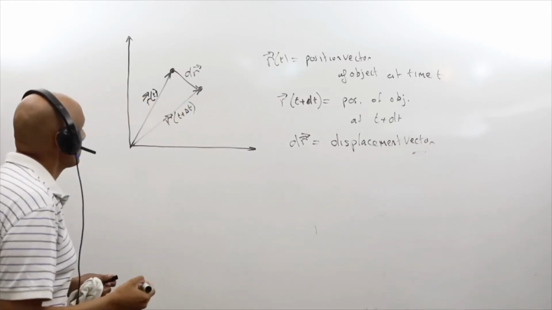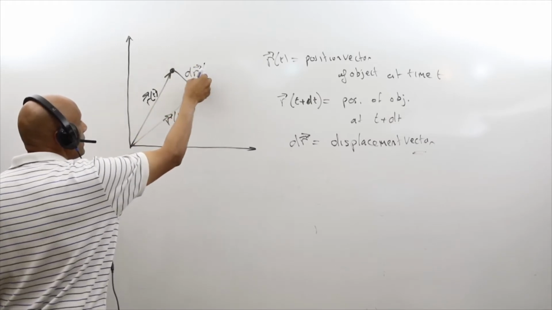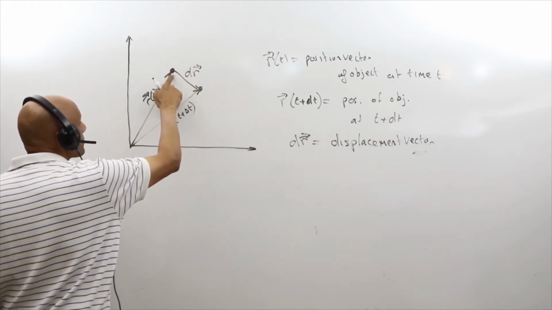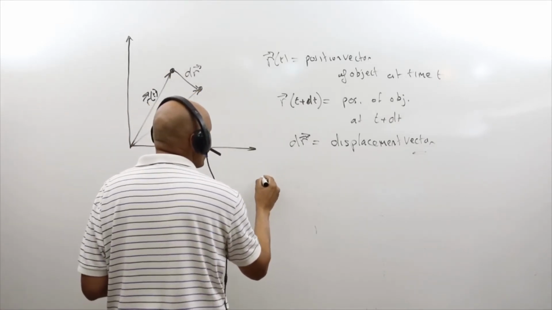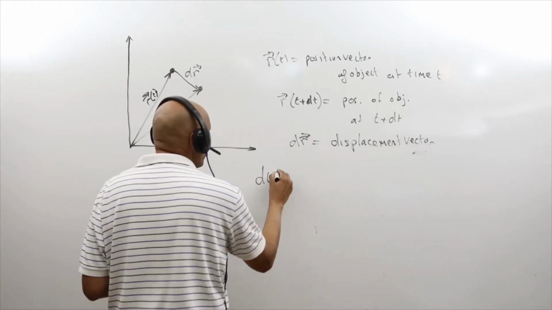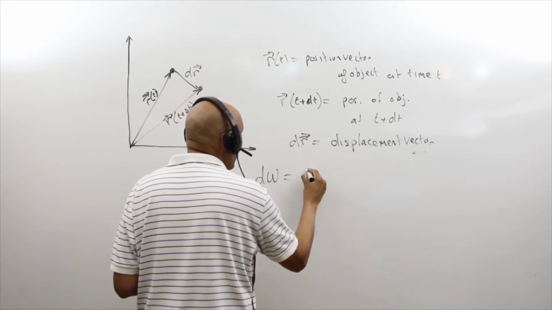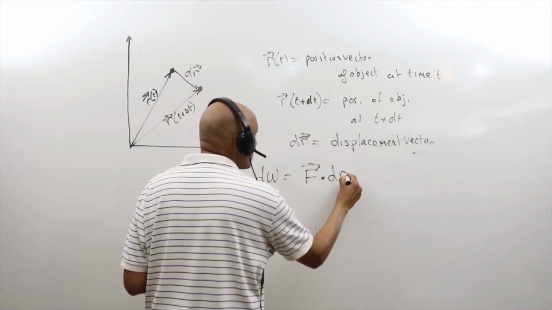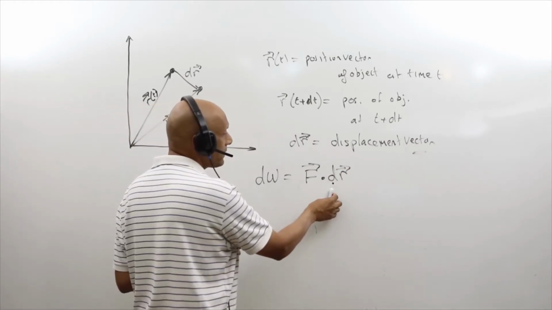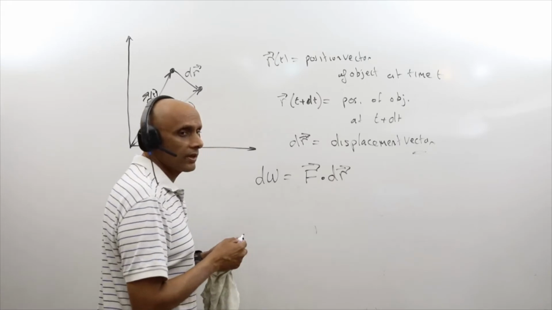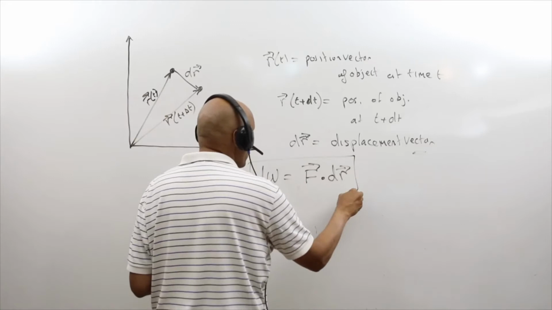We're going to assume that there is a uniform force being applied across this. When the object travels from this position to this point, there's a force F. So using this idea, we can define the differential, the small work done by a force F to cause a displacement dr vector. Just be careful, this d right now is the differential, not the displacement vector as in the last example. This is called the differential form of work.